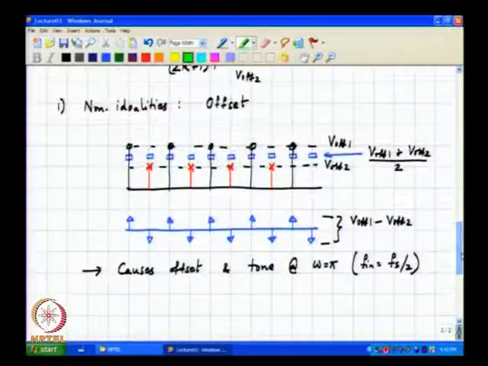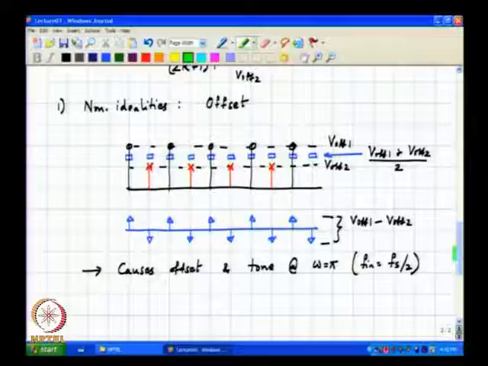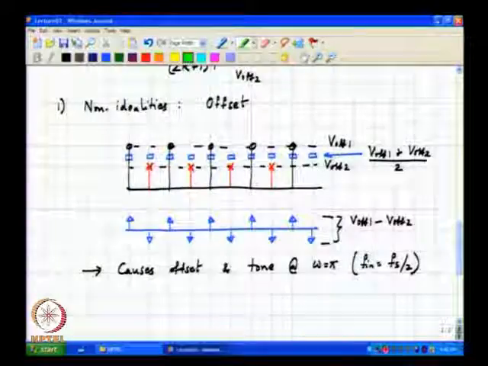All right. Okay. So in other words, we already see that using time interleaving has its problems. I mean, nothing comes for free. All right.